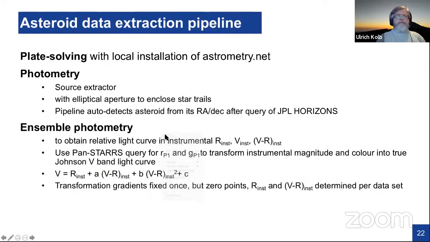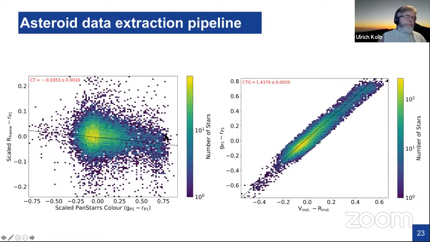The next slide, hopefully, gives you just a sense of the quality of the calibration relations we have. The one which is beautifully linear is the color transformation between instrumental V minus R and the Pan-STARRS g minus r.